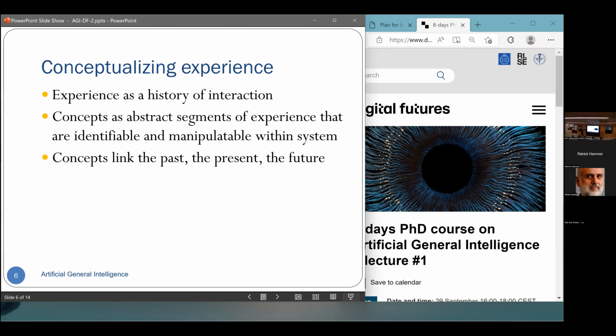So why do we need concepts? Actually, this directly comes from my working definition of intelligence. This is a way to make experience manageable, and it also provides a bridge between the past, the present, and the future. Last week, I already stressed this.